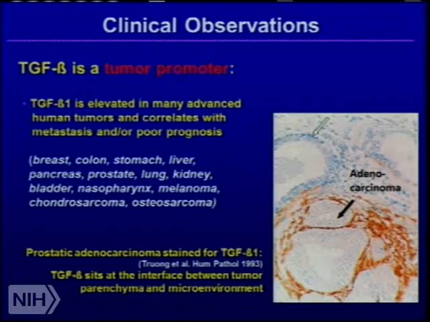And shown in the lower right side of the slide is a prostatic adenocarcinoma, which has been immunostained for TGF-beta1. And here we see the brown staining for TGF-beta, indicating that it is at the interface between the tumor parenchyma and the microenvironment.